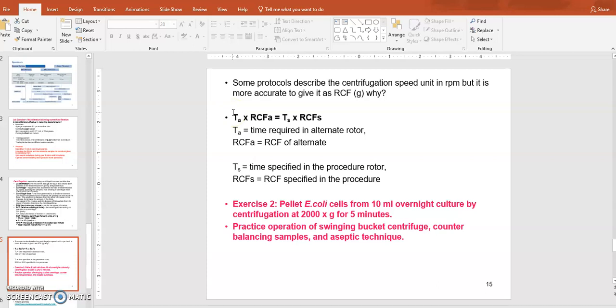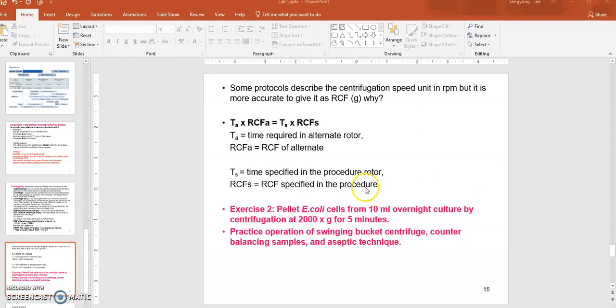Of course, the longer the time you apply, the better separation you will have, right? So timing is a factor. Let's say 5-minute centrifugation at the same RCF versus 10 minutes, the effect is totally different. It may be a much bigger effect here, right? So you need to consider that.